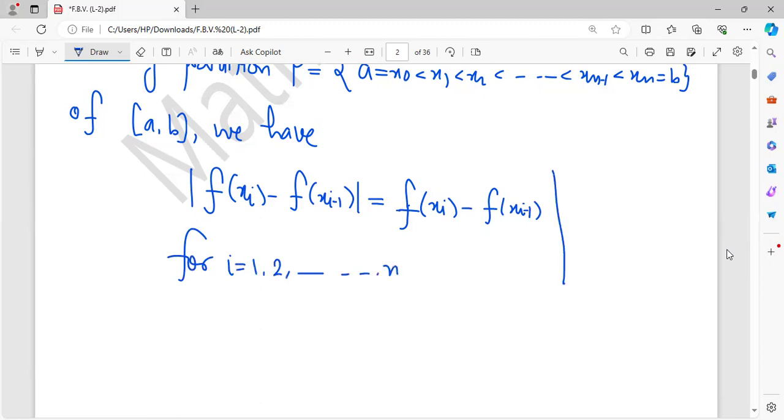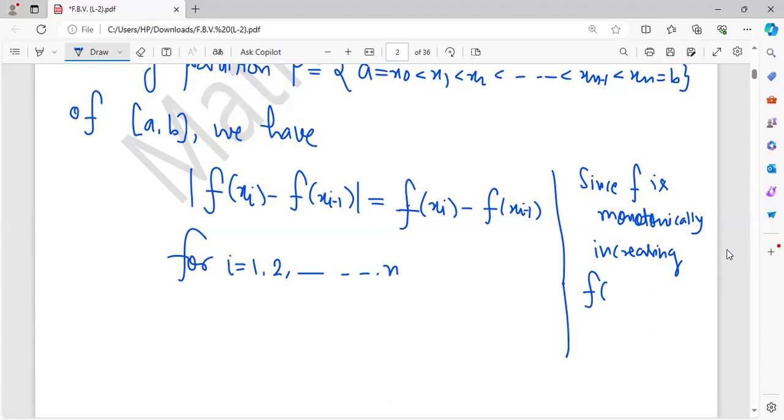The reason is that since f is monotonically increasing, f(x_i) is greater than or equal to f(x_{i-1}). This implies f(x_i) minus f(x_{i-1}) is greater than or equal to 0.